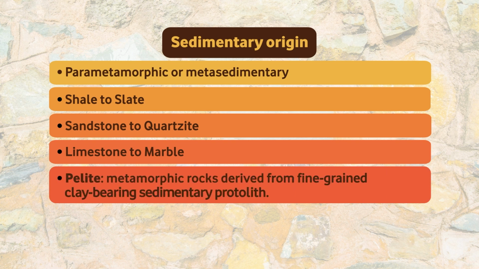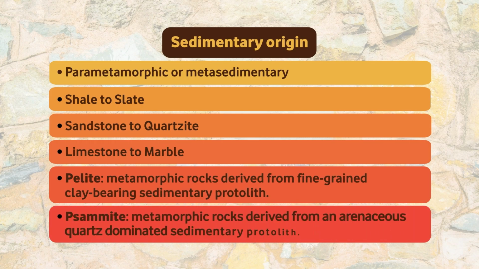Phyllite is a special variety of metamorphic rock derived from fine grain clay bearing sedimentary protolith. Then we have psammites. These are also a special variety of sedimentary rock derived metamorphic rocks which are from arenaceous quartz dominated sedimentary protolith.